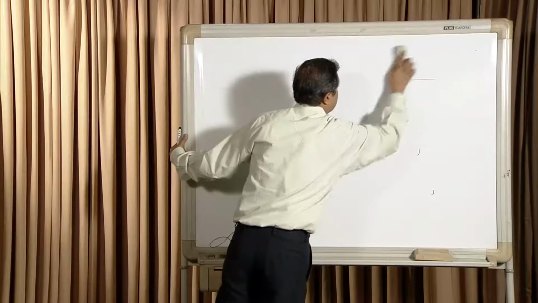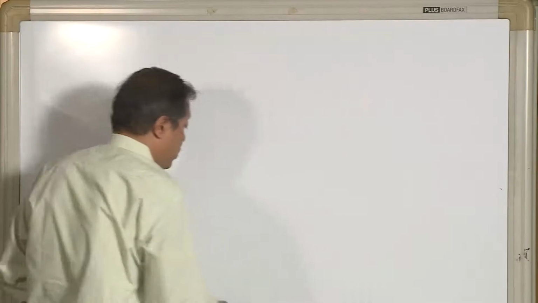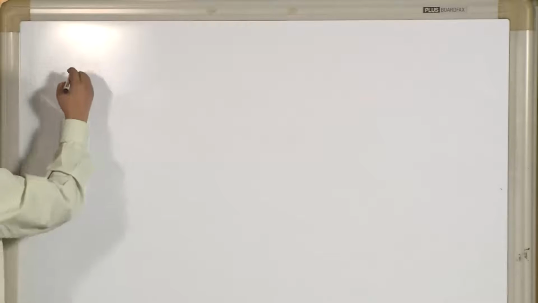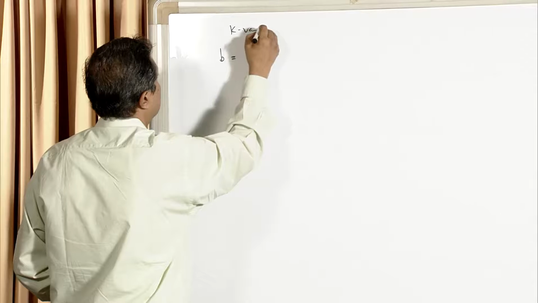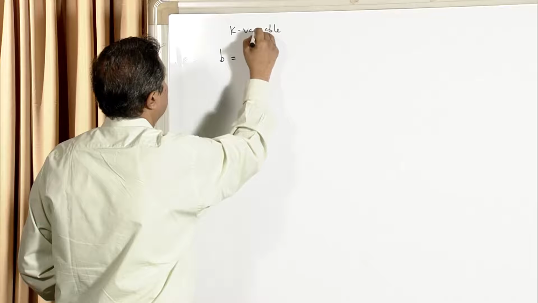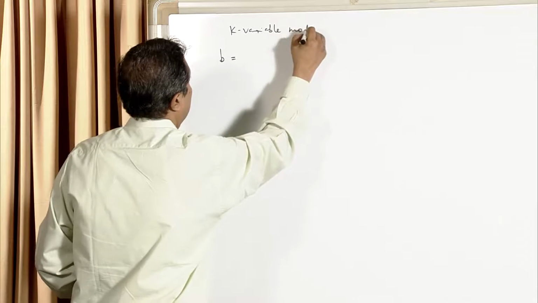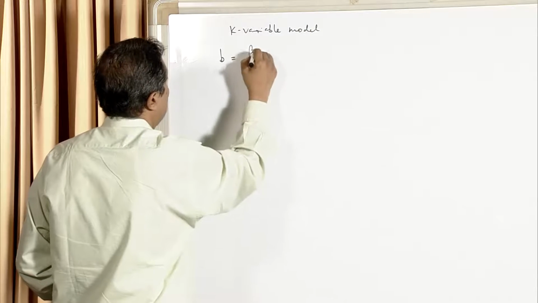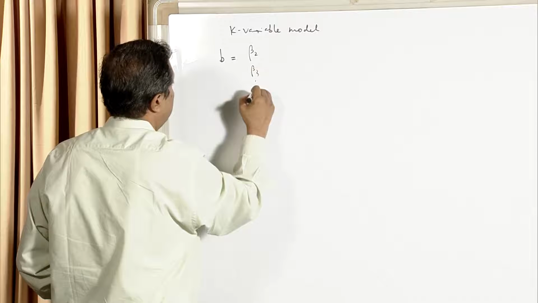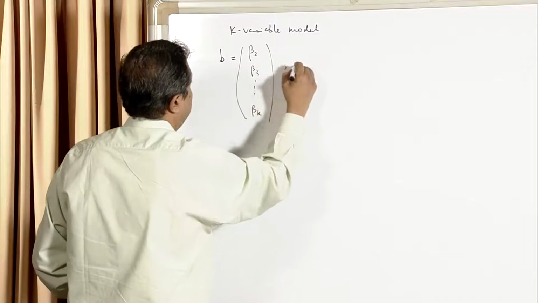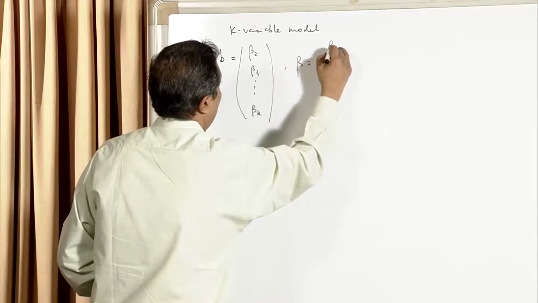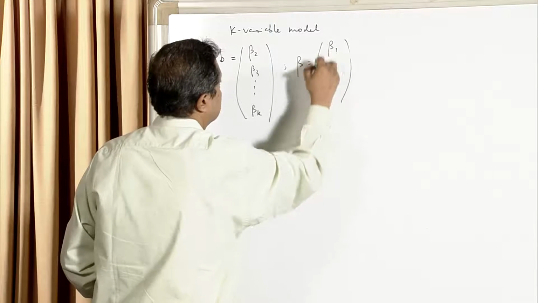So, for the k variable model, if we go by the deviation form, then b will be beta 2, beta 3 up to beta k, and beta will be beta 1 and b.